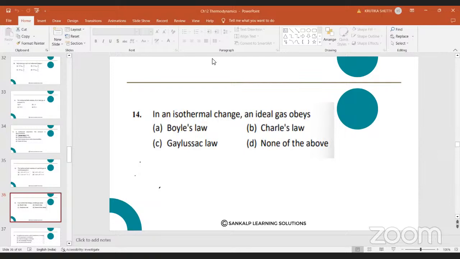An ideal gas obeys Boyle's law. If you remember, in the SPS class we have discussed Boyle's law and Gay-Lussac's law. Boyle's law is that temperature is constant. In the isothermal process the temperature is constant, so the isothermal change obeys Boyle's law. Yes. Then the next.